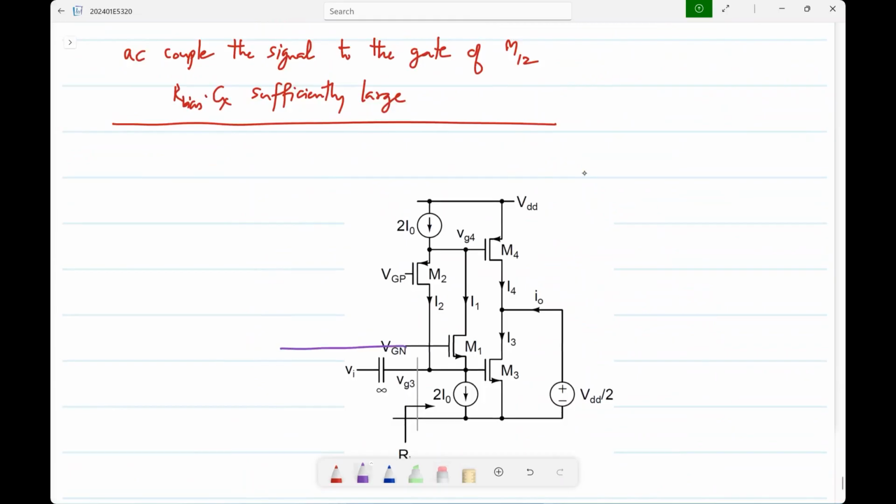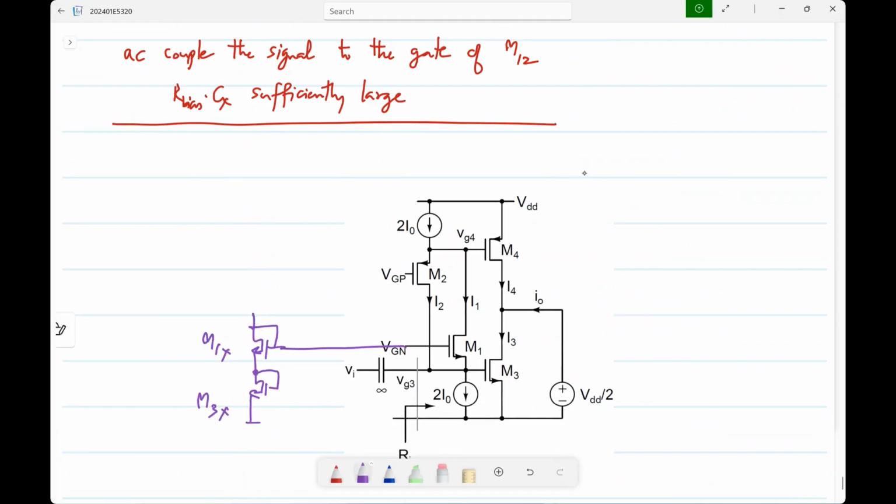But first thing is, as far as operating point is concerned, you can see you have VGS of M1 and then VGS of M3. Okay. So if you bias it like this, that is, I'll label them as M1X, M3X.